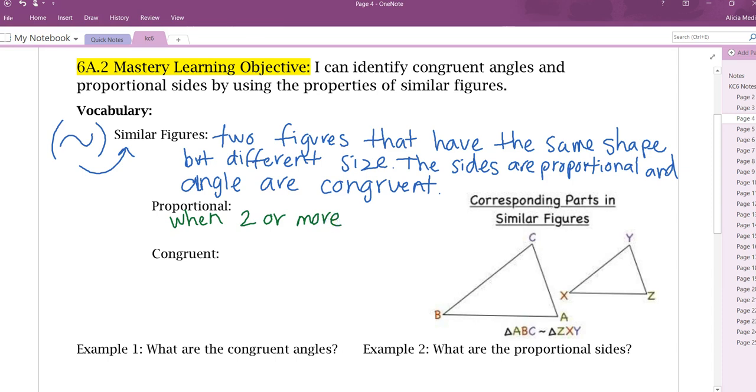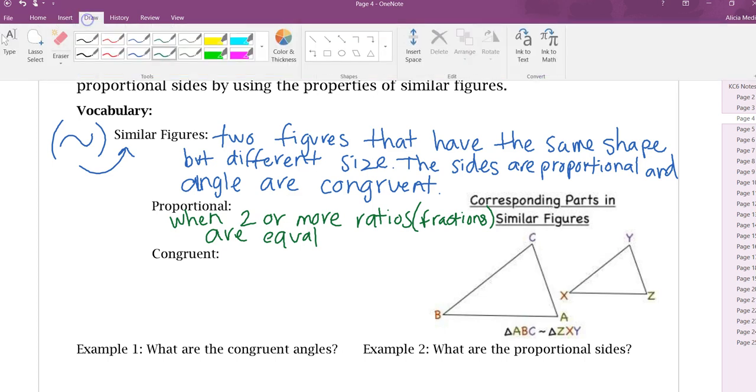So two or more ratios, our ratios are written as fractions. They have to simplify and become equal. So when you set up the ratios between the sides, they are equal. Another word for saying equal, like I said before, is congruent.